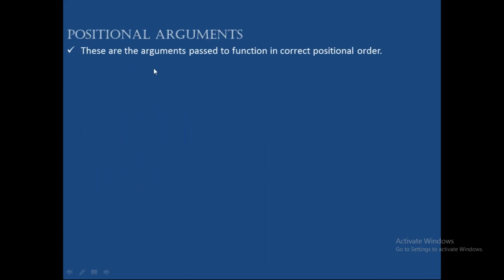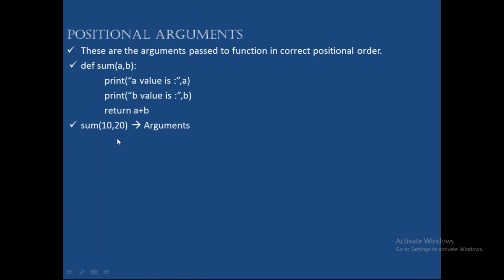These are the arguments passed to a function in correct positional order. Example: def sum(a, b), return a plus b. When I say sum 10 comma 20, these are arguments. Can you tell me, what is the a value? What is the b value? Please be active, because from here you need to understand the things.